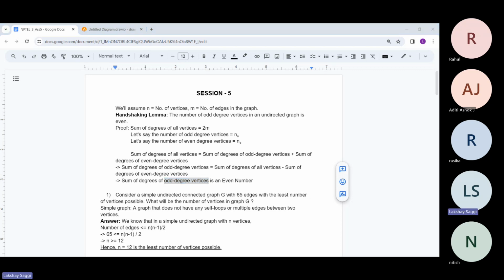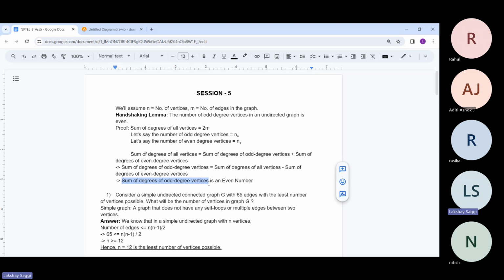I hope everyone gets what I'm trying to say. We get that the sum of degrees of odd degree vertices is an even number. What this means is that there are some odd numbers whose sum is an even number, and this can only happen when these numbers are even in count. Let's say we take three odd numbers, 1, 3, and 5.